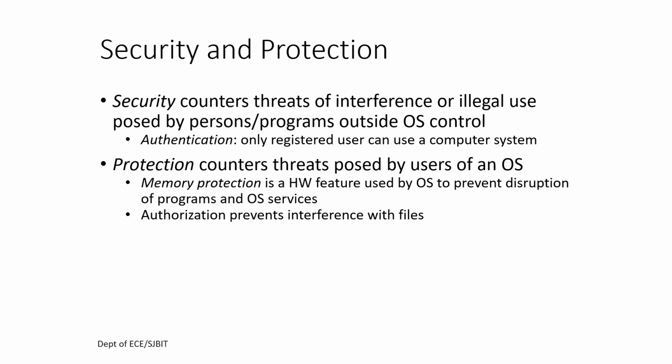So protection counters threats posed by the use of the OS. Many protections in the hardware features are used by the operating system to prevent disruption of programs and services. Okay, so authorization prevents interference with files. So this is all about your security and protection.